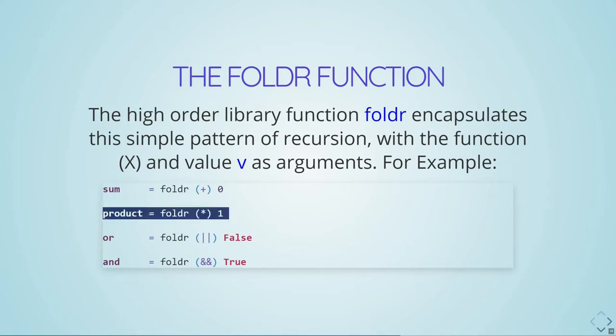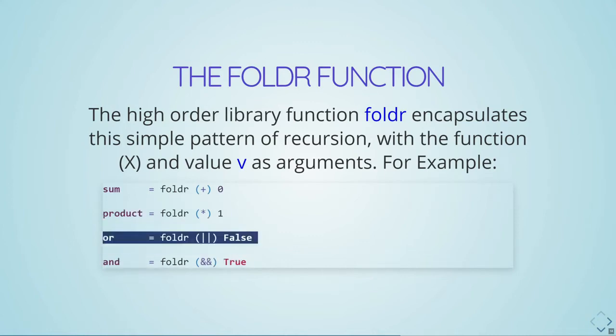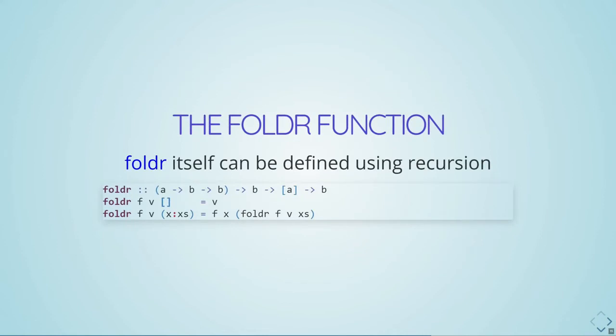So we can go through and define each of these operators, and I even added another one here, or, which is the same thing as and, but for or. Each of these operators is defined in terms of the binary operator that is going to be combining everything together and its identity value.